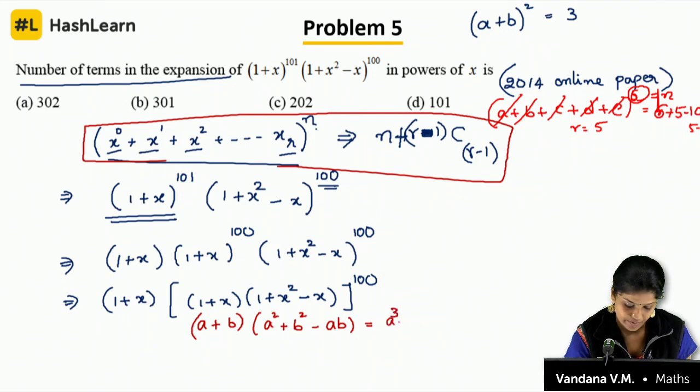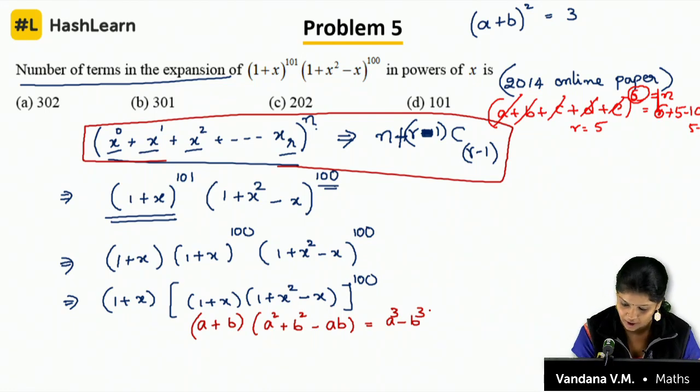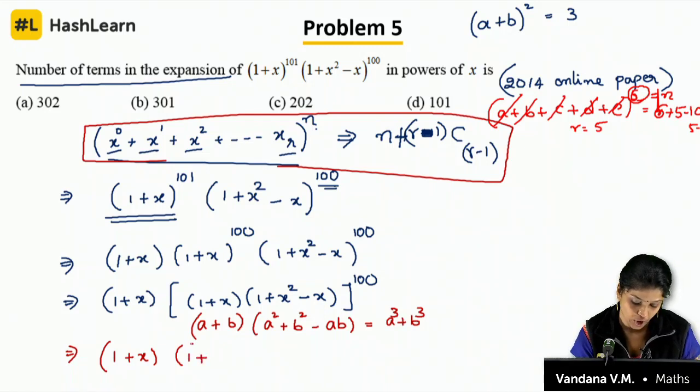A cube plus b cube is the formula, right? So 1 plus x into 1 plus x cube whole power 100.